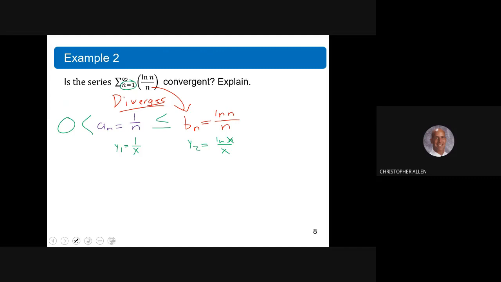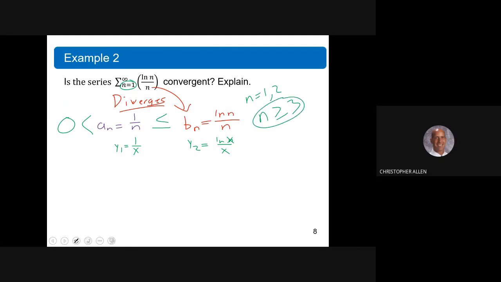The truth of the matter is, if you're not too careful here, for n equals 1 and for n equals 2, this is not true. This is true for n greater than or equal to 3. So once you get to 3, this is always true.